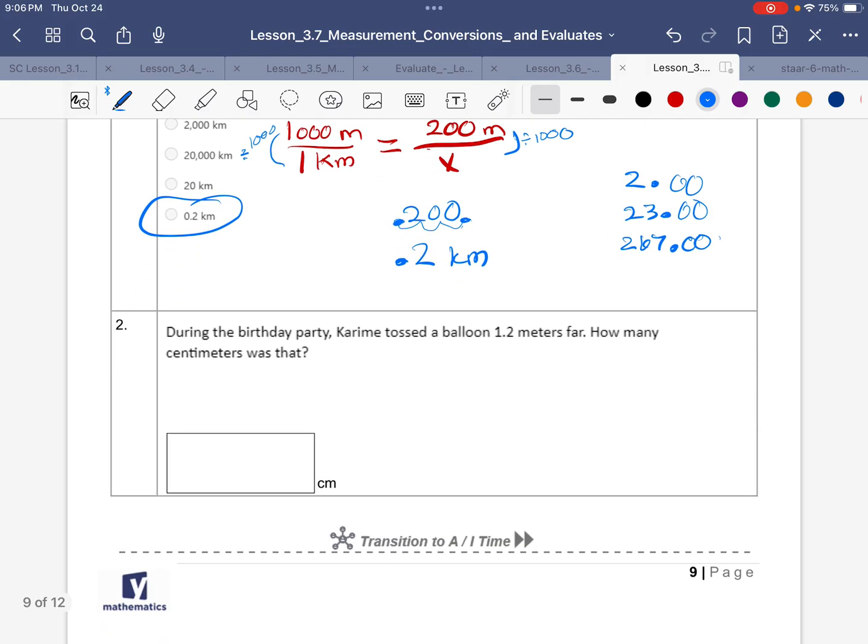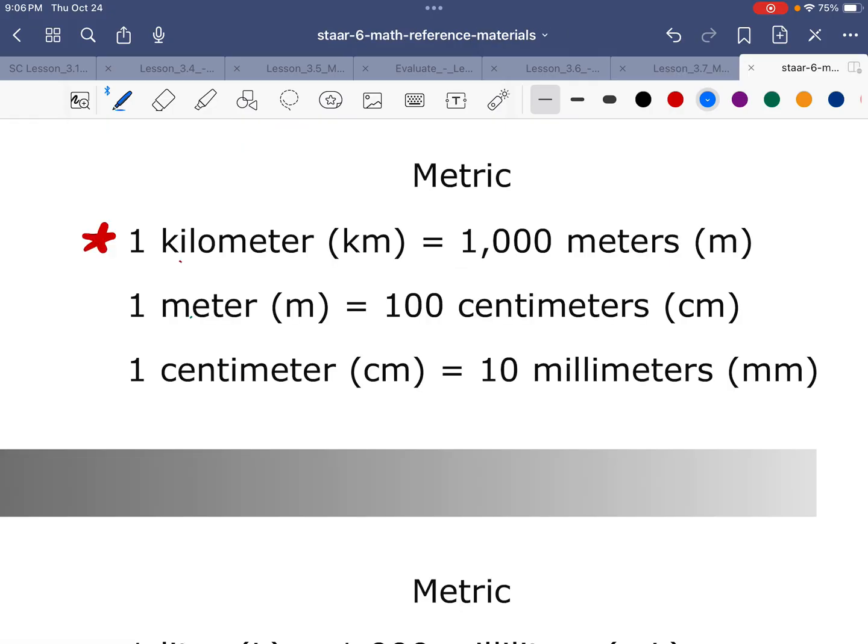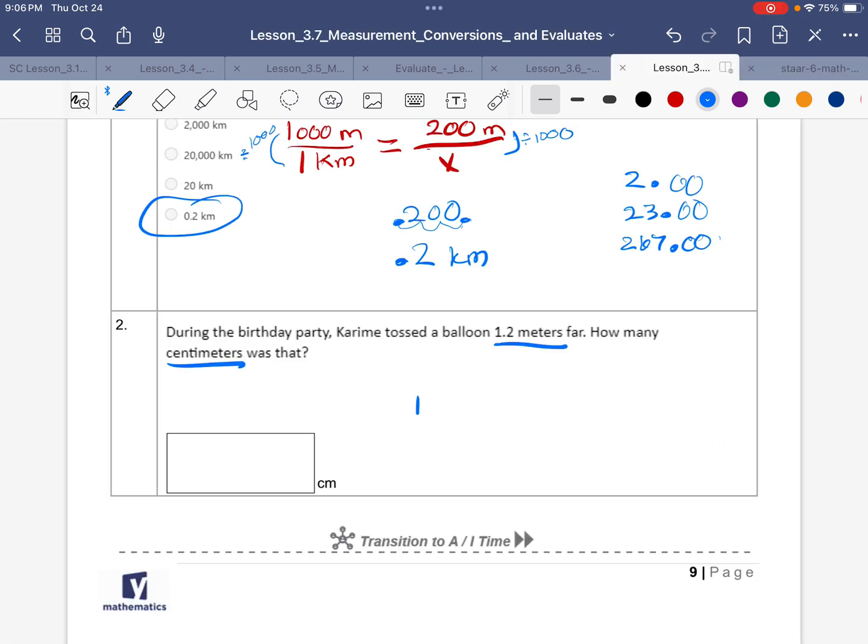During the birthday party, Karemi tossed a balloon 1.2 meters far. How many centimeters was that? So we are 1.2 meters, and we're looking for centimeters. Meters to centimeters. Here it is. 1 meter is 100 centimeters. We know we have 1.2 meters, and they want to know how many centimeters.